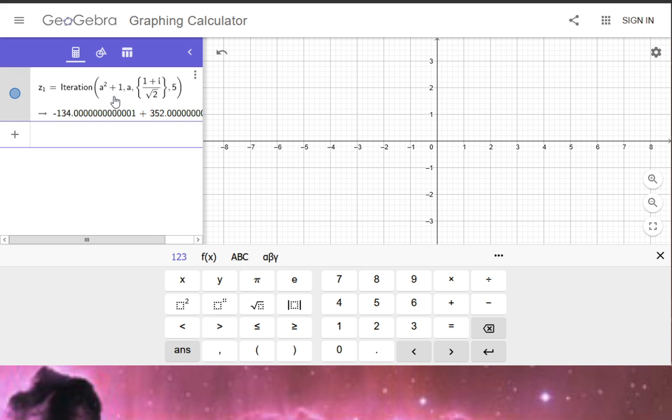Z. How did it come up with that? How does it know it's a complex number? This is crazy.